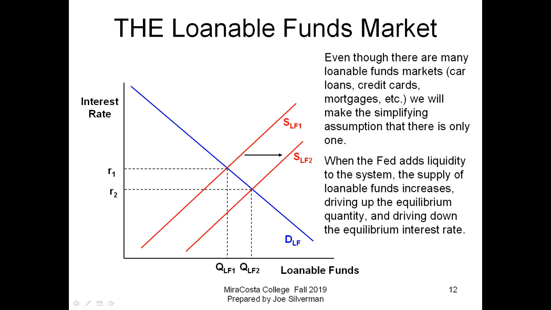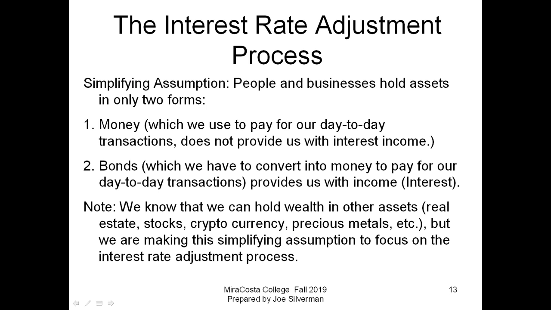And what they would do is supply more money if the price of money, the interest rate, was higher, supply less if the interest rate was lower. So any additional liquidity that comes into the loanable funds market, we'd show as an increase in the supply of money, and it would likely lead to a decrease in the interest rate in that market as a result.